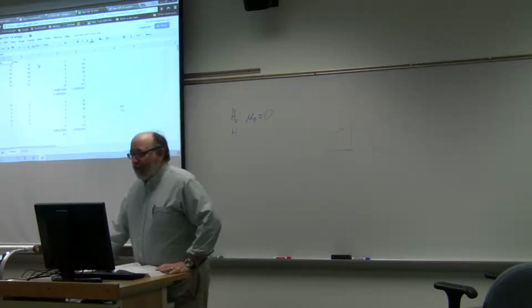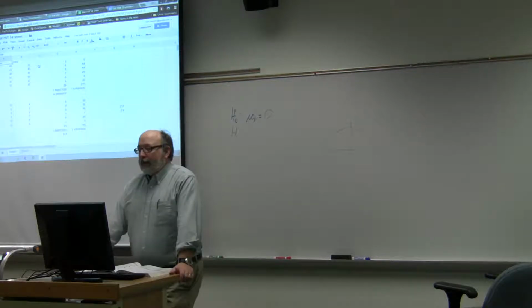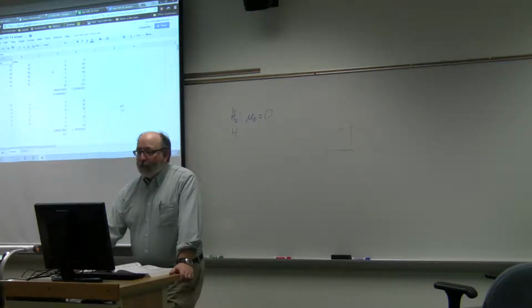So what we have here then is that if we're going to find this average, if we do it by hand, we add them up and then divide by 6. Right?